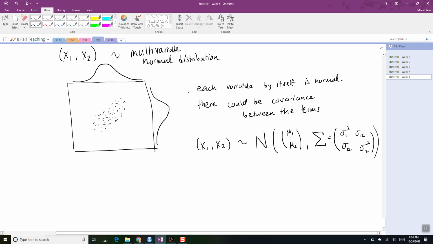So this is your covariance matrix, your variance-covariance matrix.